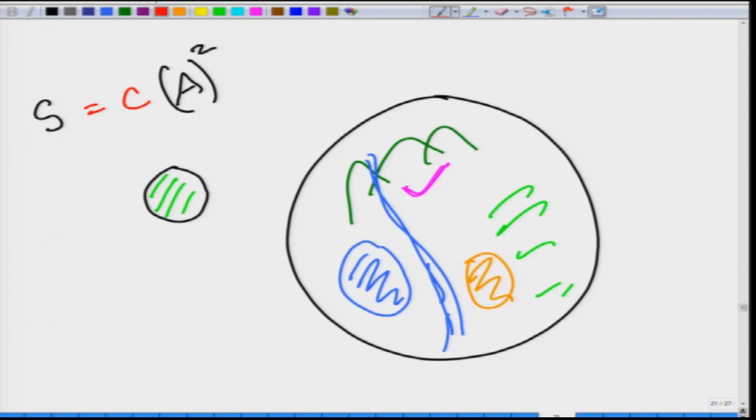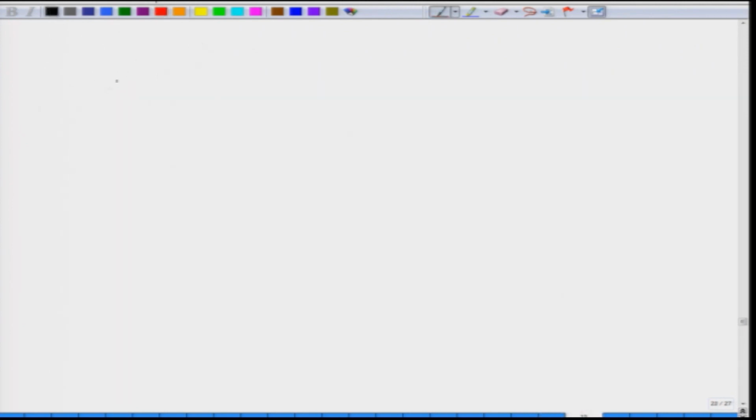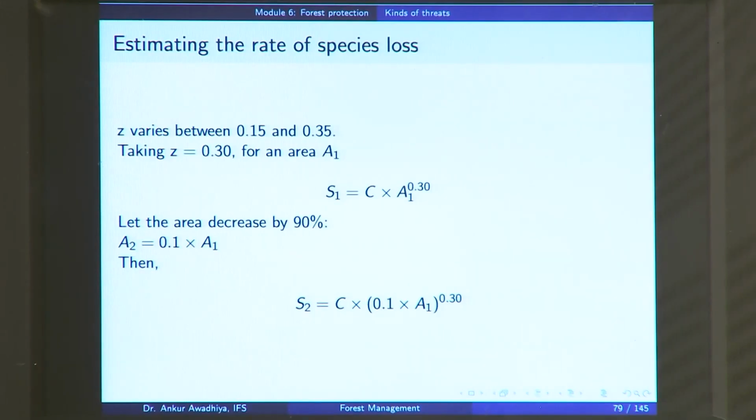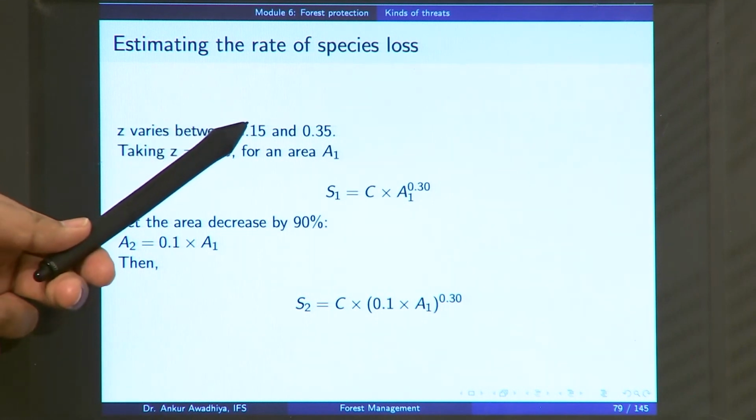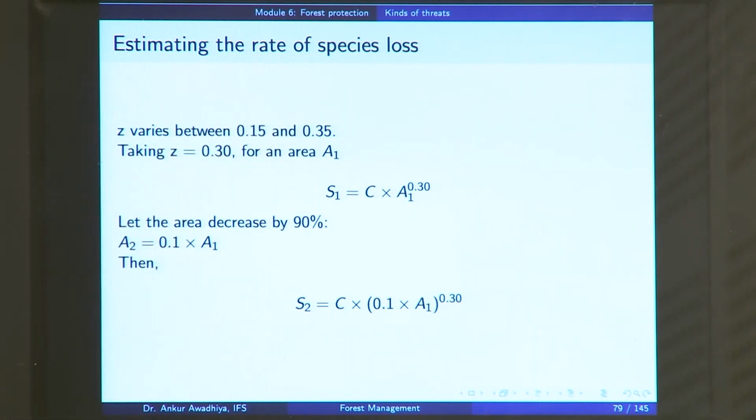Now, if we begin with this model, S is equal to C into A to the power z, as we said, z is something that we do not know. It could be the square of the area, it could be the cube of the area, but typically what we have found through experiments and observations is that z varies between 0.15 and 0.35.